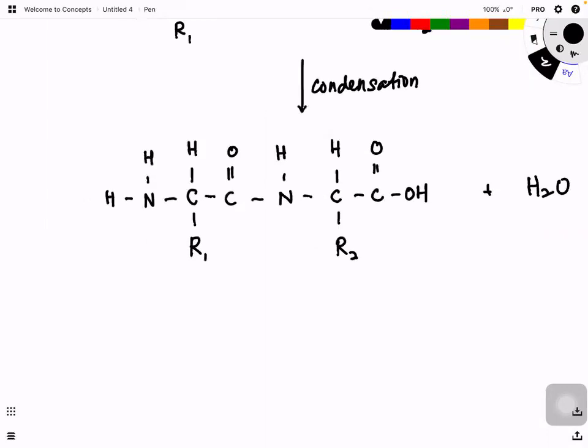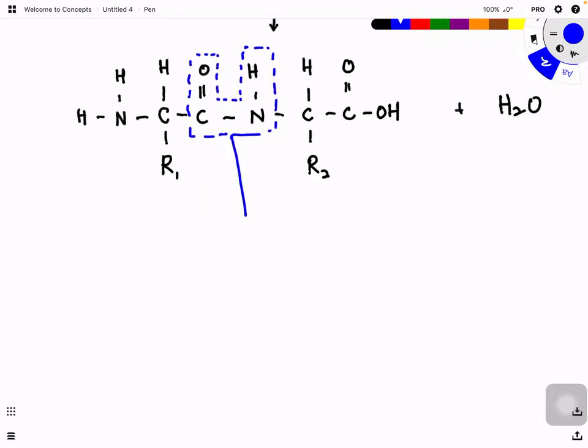Very important: a lot of the books point to the bond between the C and N, which is not correct. It's the CONH. So the peptide bond actually refers to this. So this is the peptide bond. Are you clear?